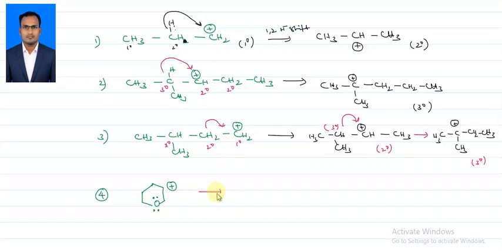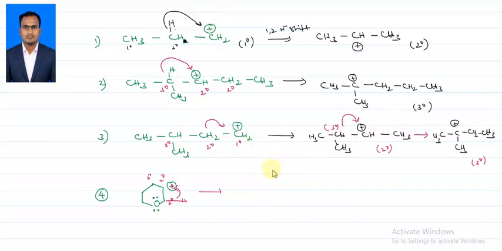Let's see another example. Now it is secondary. It is also secondary. But what is the difference between this and this? This one already has the carbocation, and the difference is that it is resonance stabilized, right? So when resonance stabilization is there, then automatically it is more stable when compared to secondary and tertiary also. Hence this hydrogen has to be shifted to here.